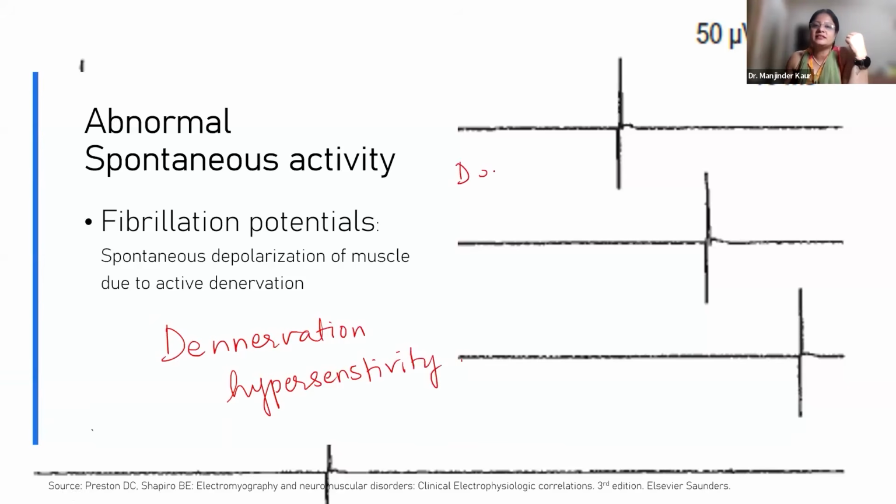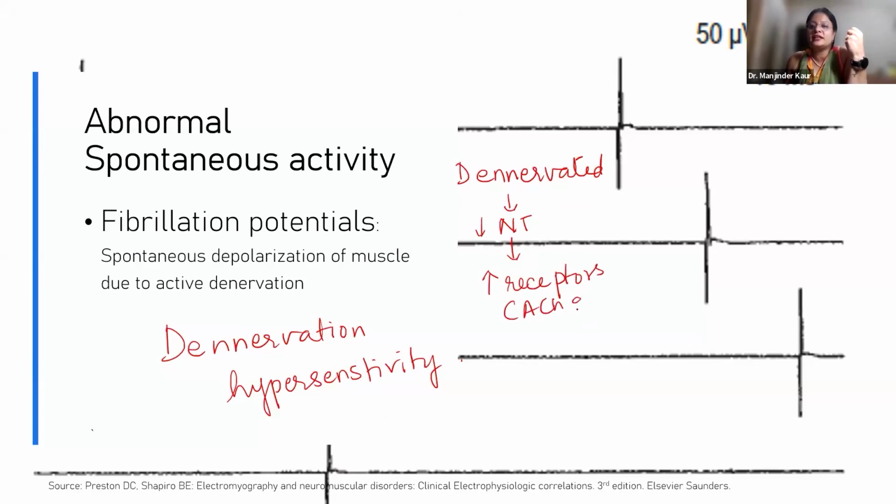So whenever the muscle is denervated, meaning the nerve supply is cut, what will happen? There is a decrease in the stimulation of the muscle, a decrease in the neurotransmitter, in the acetylcholine which is being secreted. Whenever the muscle is not getting the neurotransmitter, there is upregulation of the receptor. So there is an increase in the number of receptors. Which receptors?